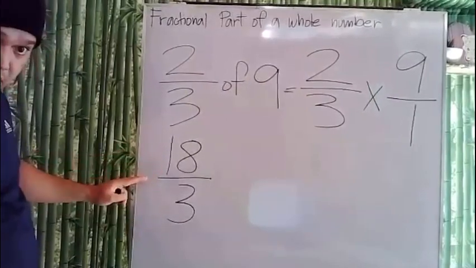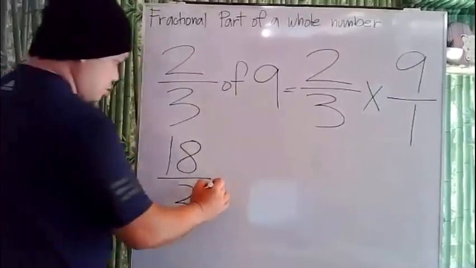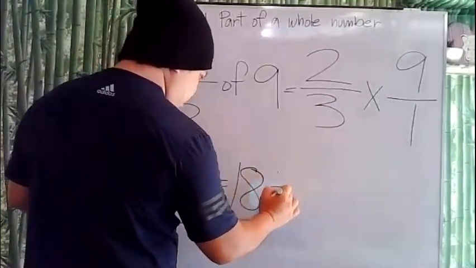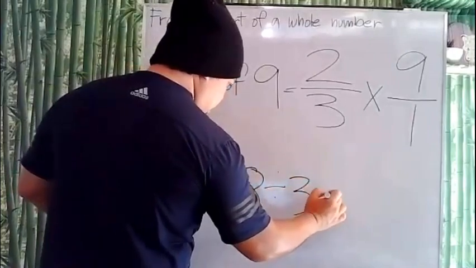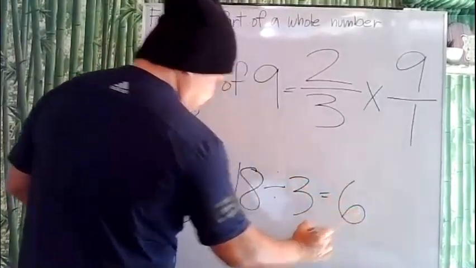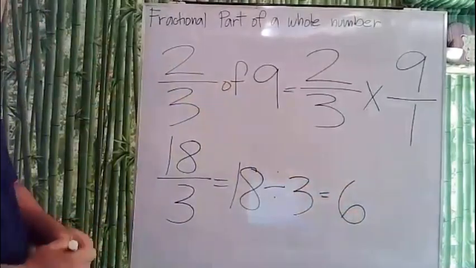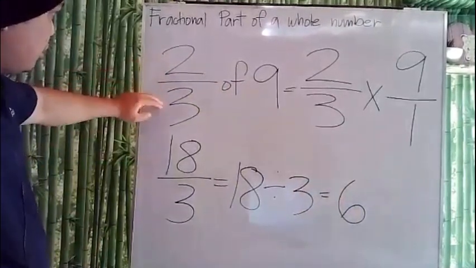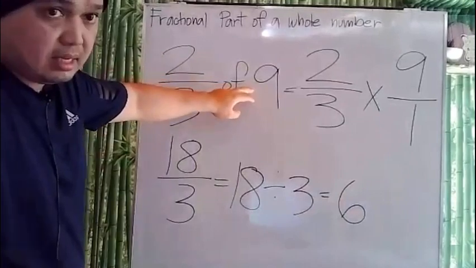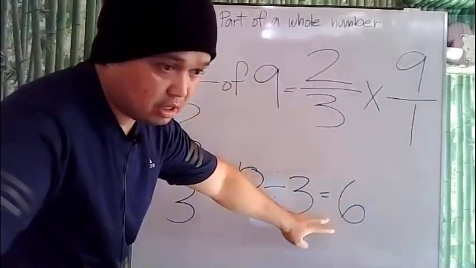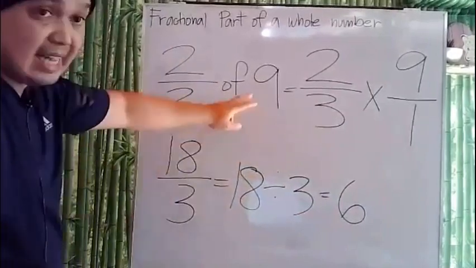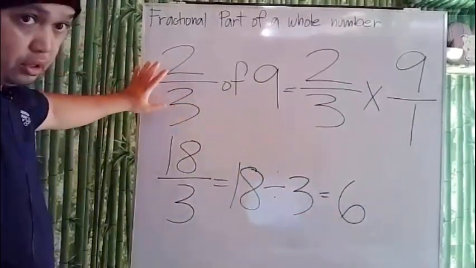Numerator divided by denominator. Okay, so let's do that. 18 divided by 3. And the answer is 6. So meaning to say, 2/3 of 9 is 6. Now 6 here is the fractional part of 9, which is 2/3.